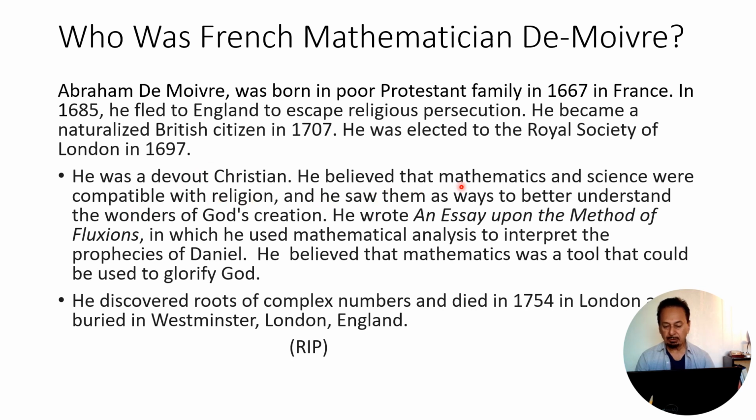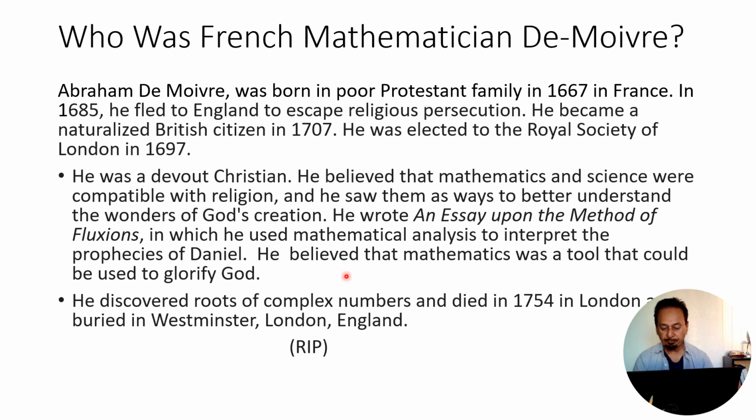He believed that mathematics and science were compatible with religion, and he saw them as ways to better understand the wonders of God's creation. He wrote an essay upon the method of fluxions, in which he used mathematical analysis to interpret the prophecies of Daniel.